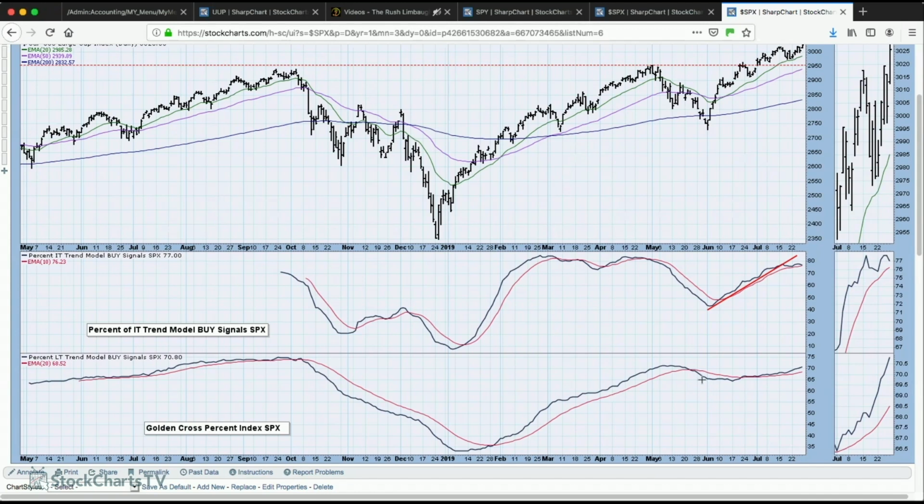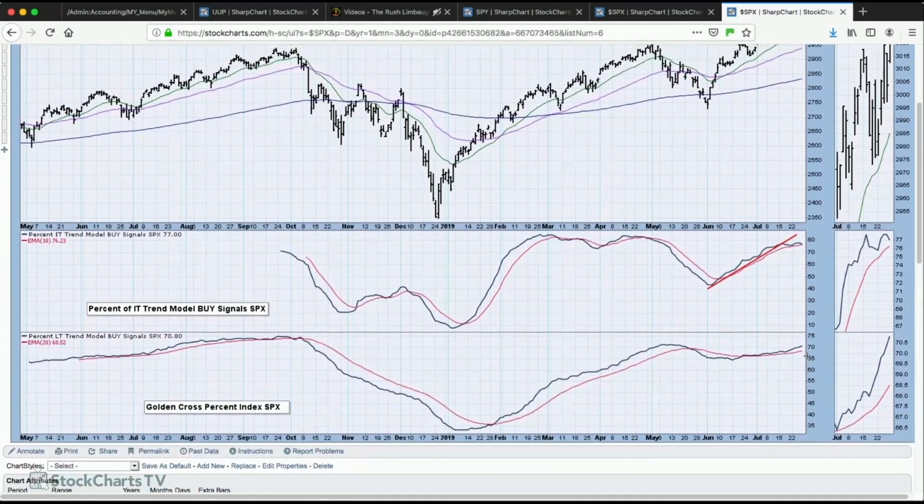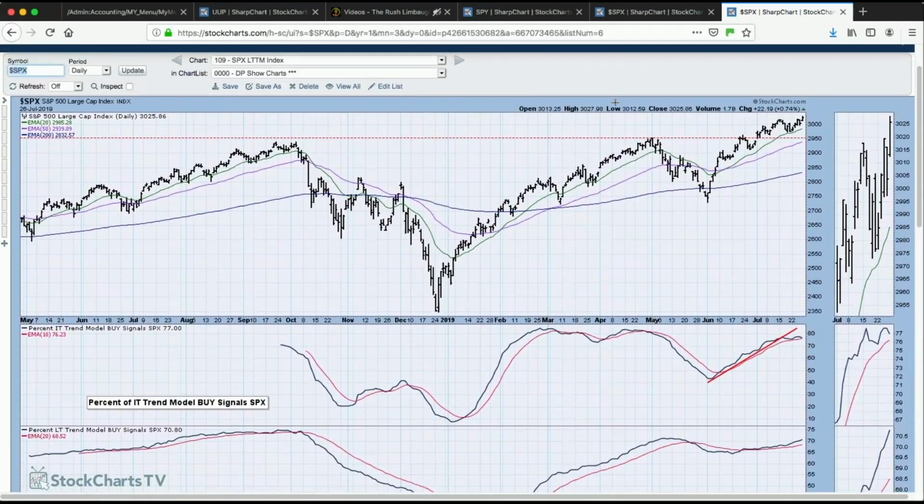Here we have the Golden Cross percent index. It continues to go higher, but I think this is probably right about the limit of what it's going to go. But that's just my guessing.